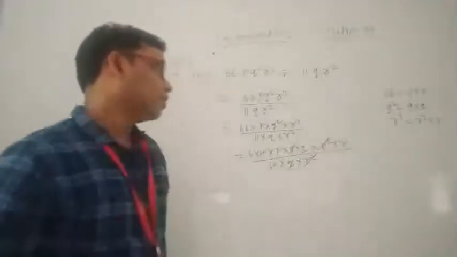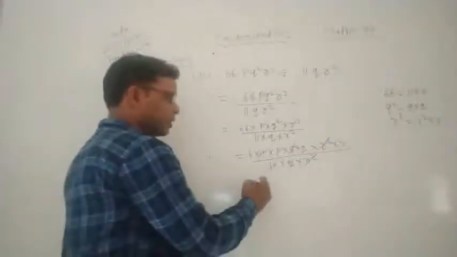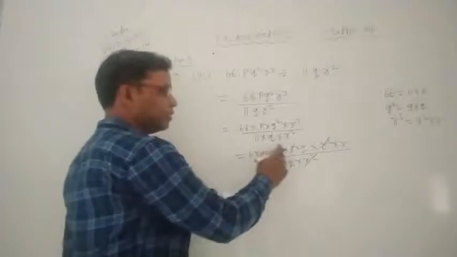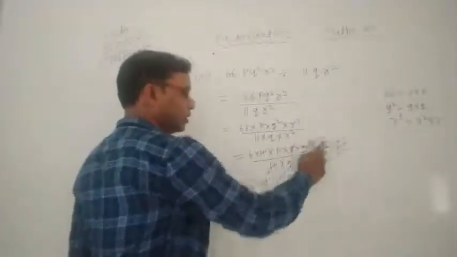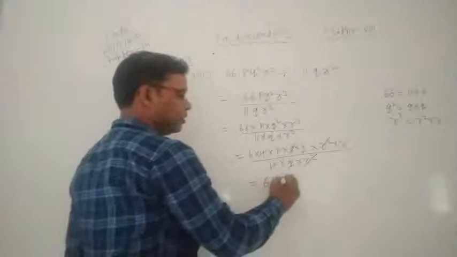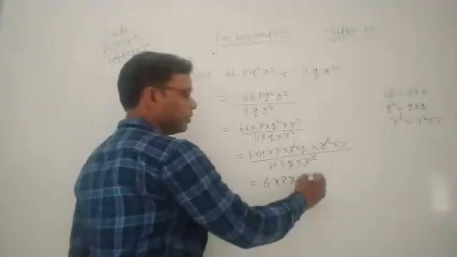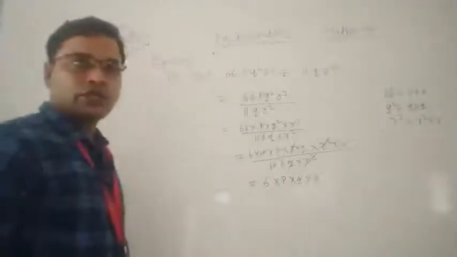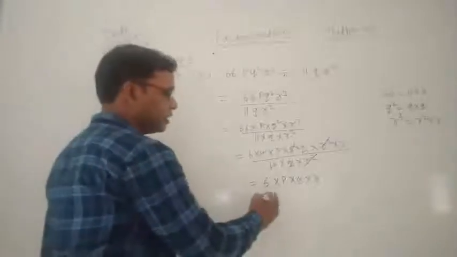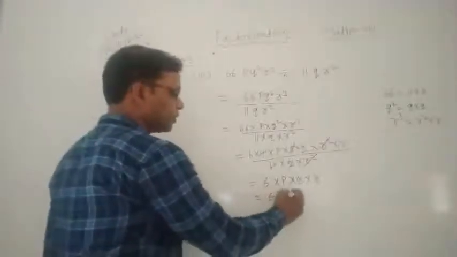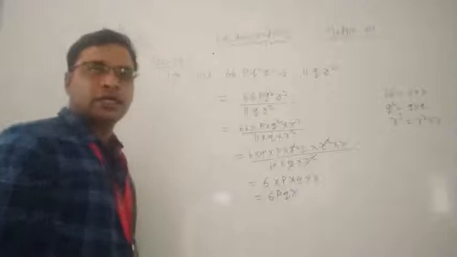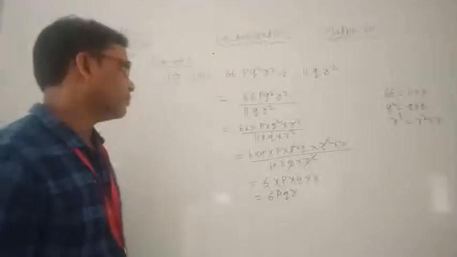Then we have 6 into p into q into r. You can write it as 6 p q r. This is clear now.